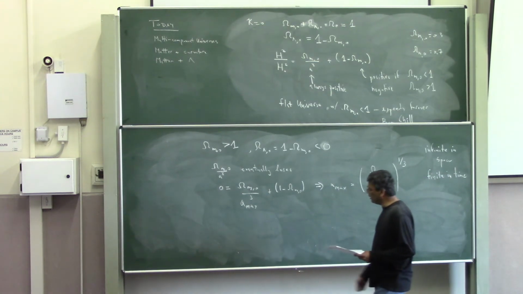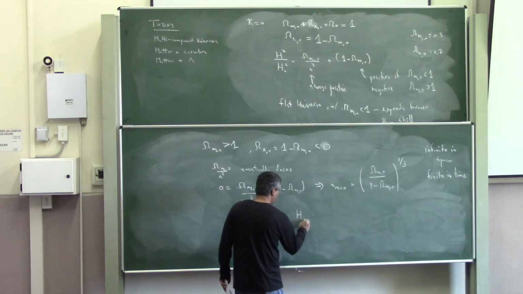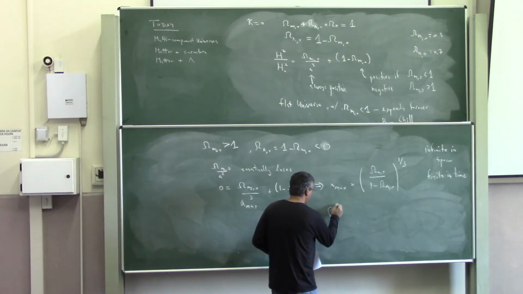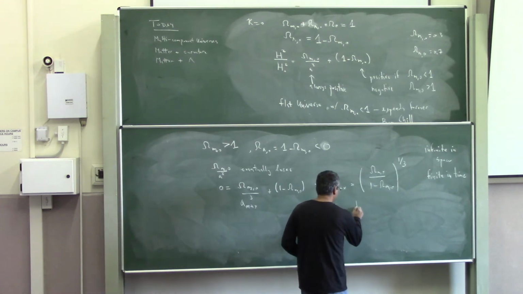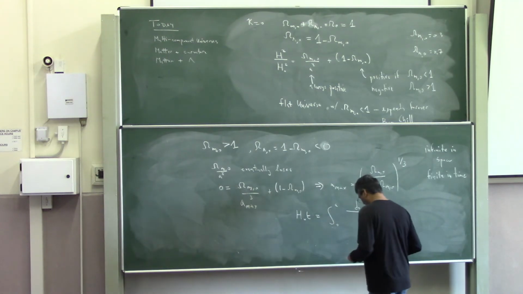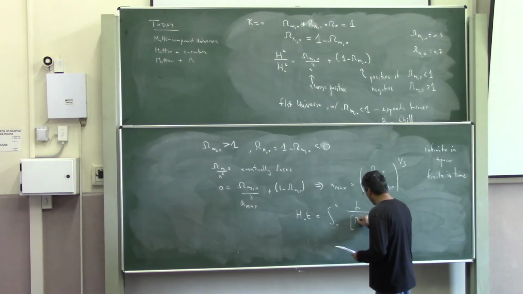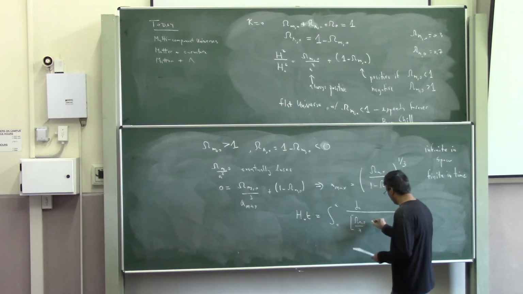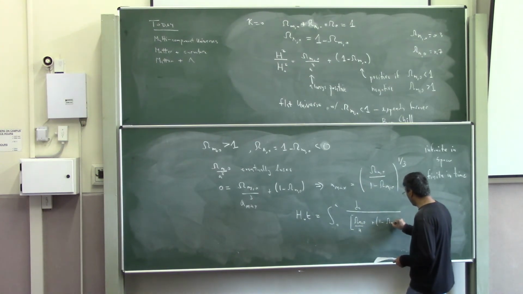So we can plug in, and we find that H0 t in this universe is the integral from 0 to a, da over the square root of omega m0 over a plus 1 minus omega m0 times a squared.